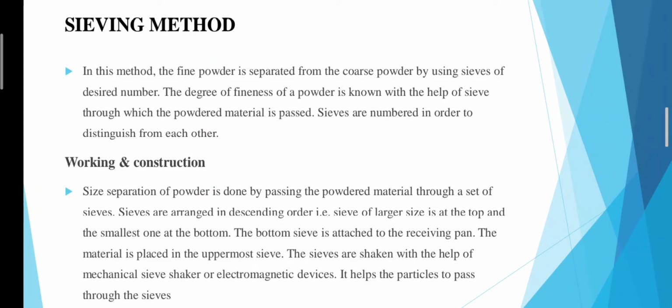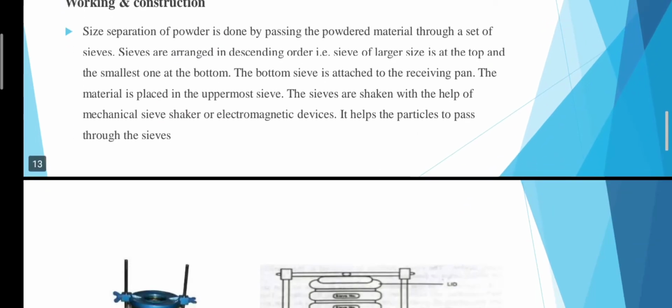The bottom sieve is attached to the receiving pan. The material is placed in the uppermost sieve. The sieves are shaken with the help of a mechanical sieve shaker or electromagnetic devices. It helps the particles to pass through the sieve.